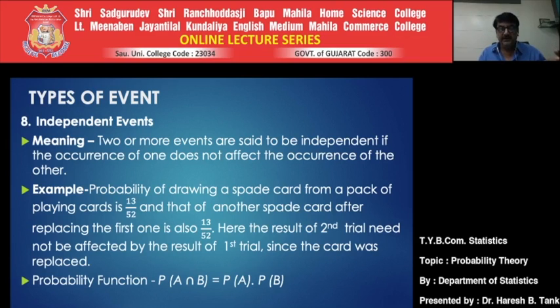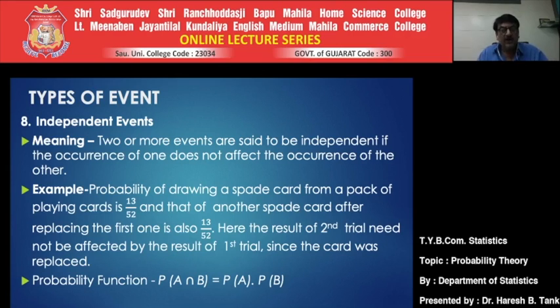Numerator: the total number of favorable cases. In how many different ways can you get a spade card? How many spade cards are there in a pack of 52? There are 13. So there are 13 different possibilities of getting a spade card. The number of favorable cases is 13. So the probability of drawing a spade card from a pack of playing cards is 13 upon 52.